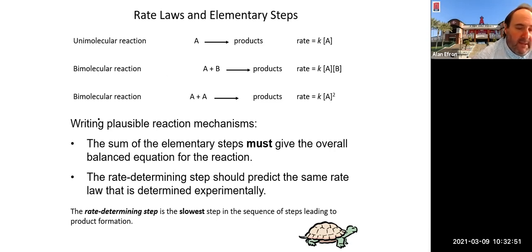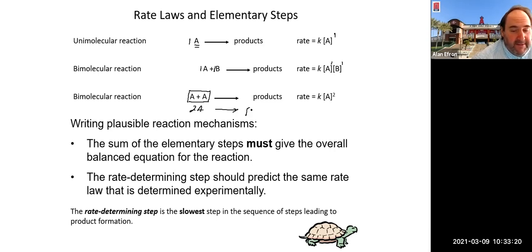So if we had a unimolecular elementary step, the rate is equal to k times the concentration of A. And again, it is 1 because the coefficient here is technically 1. If we had a bimolecular step, it would be the rate is equal to k times A times B. Again, both of these exponents are essentially 1. This right here is A plus A, which is a fancy way of saying 2A, right?